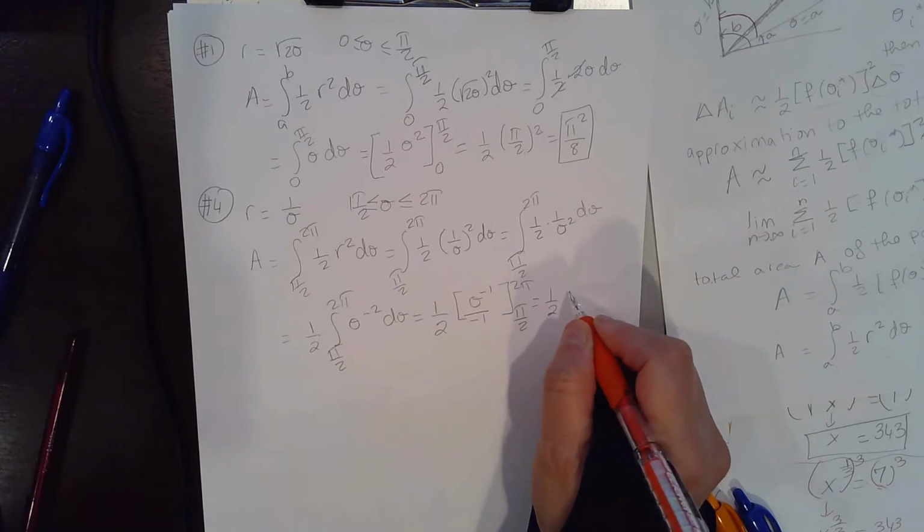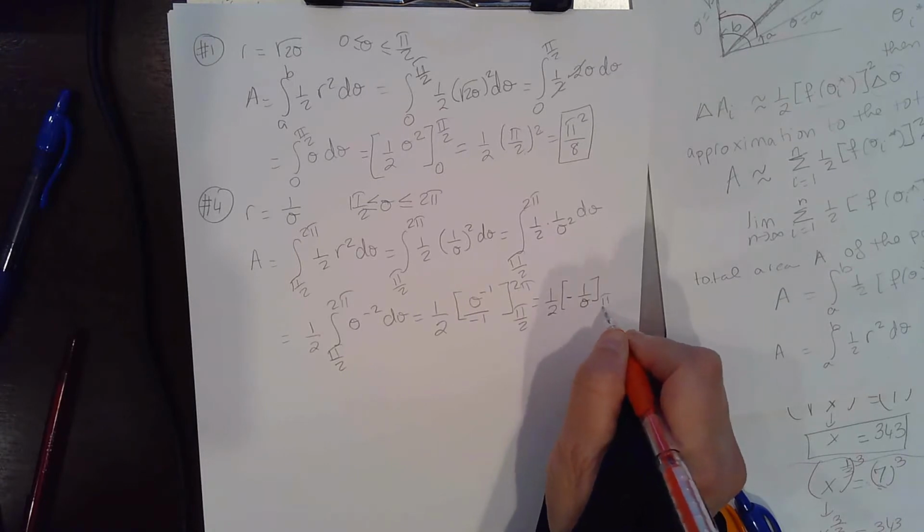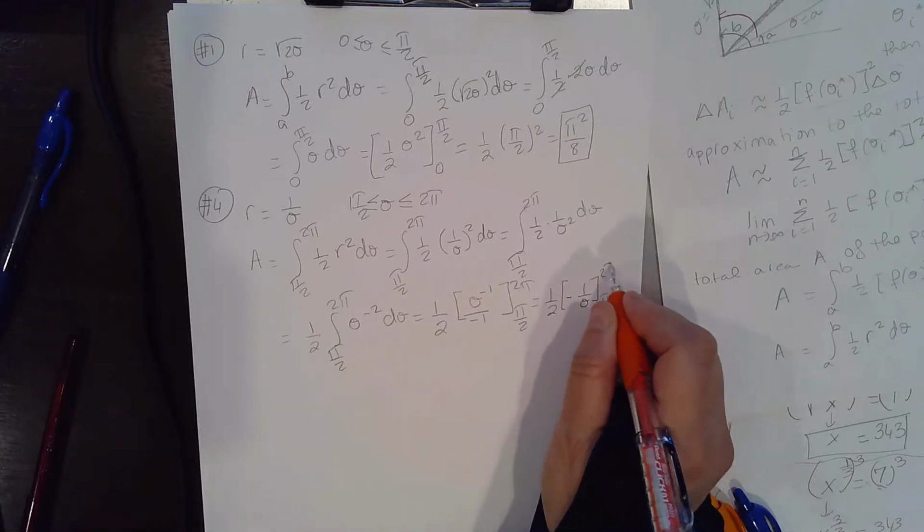I don't know if you want to do this, but write it as -1 over theta from pi over 2 to 2 pi.